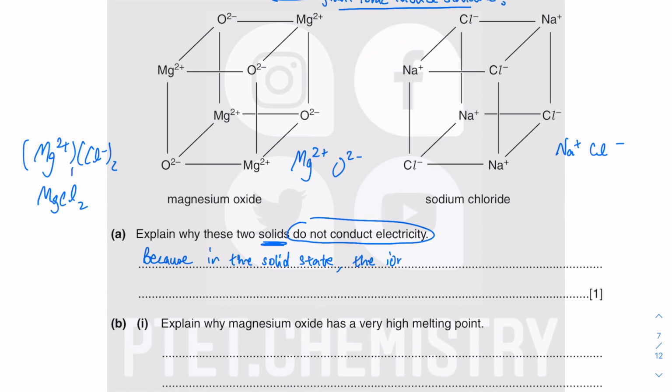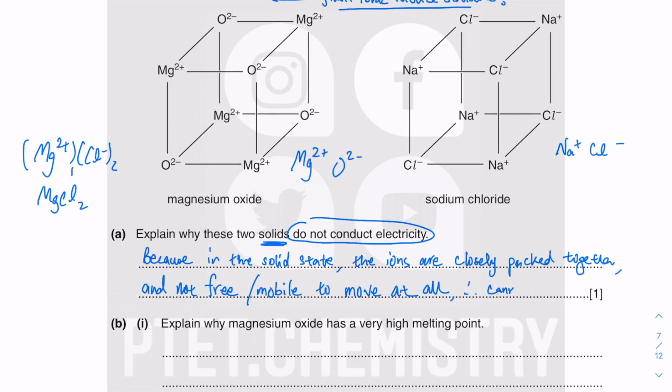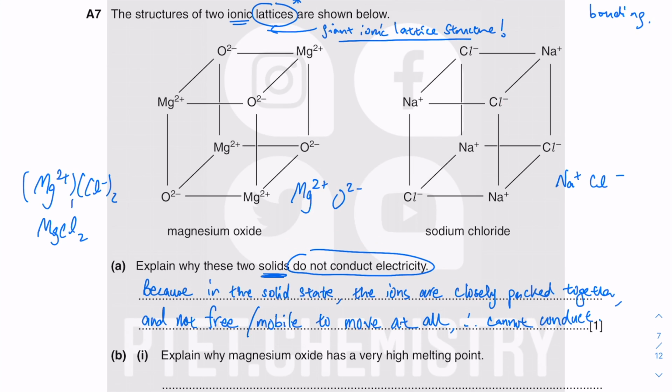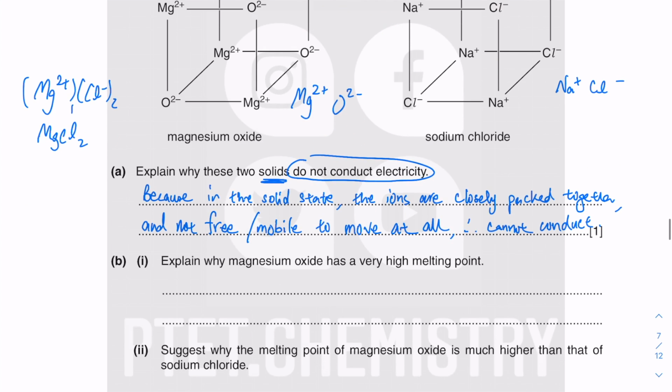So what we can say is the ions are closely packed together and not free, or you can use the word mobile, so not free to move around, to move at all, therefore cannot conduct. Okay, in this case, the ions are fixed, simply close together and located in a fixed position where they can only vibrate about their fixed position, so they are not free or mobile to move at all, therefore you cannot conduct electricity.